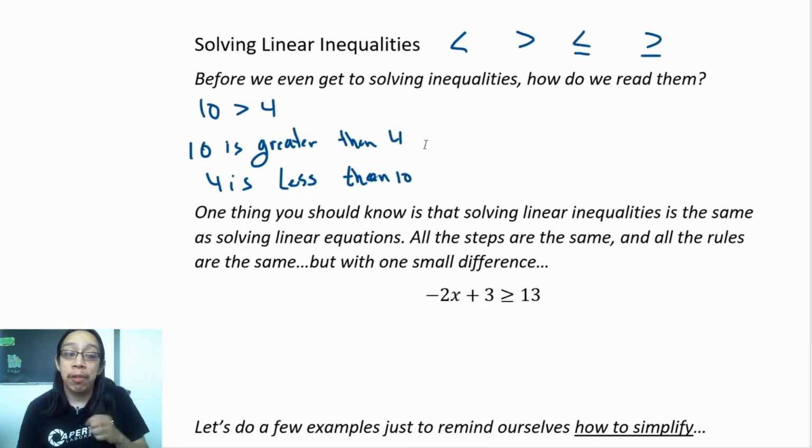Now, when we start incorporating these symbols into algebra, we are going to focus on reading the inequality based on where the variable is located in your problem. So for example, let's say that you had something like this. How would you go about reading that? You're always going to read it based on where the x, or whatever letter you're working with, is located.